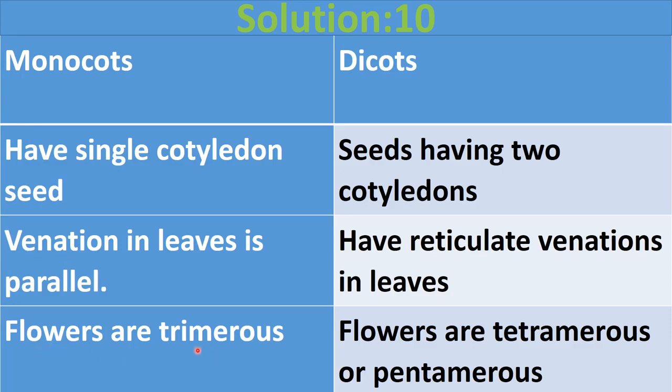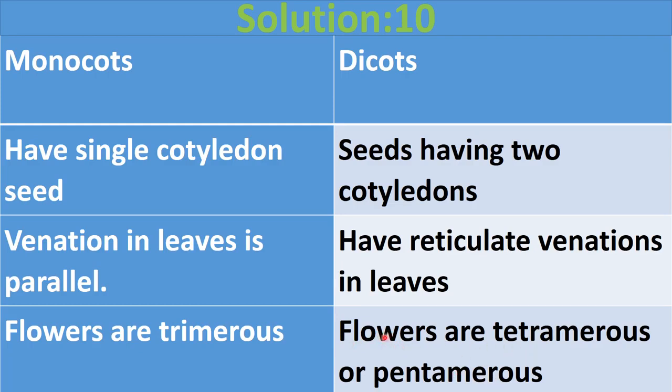Then the third difference is that flowers are trimerous in case of monocots. Trimerous means the petals of the flower will be 3 or a multiple of 3. It can be 6, it can be 9, it can be 12. The number of petals will be like this in the flowers. But in the dicots, flowers are tetramerous or pentamerous.